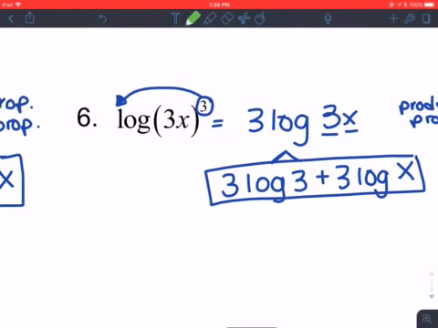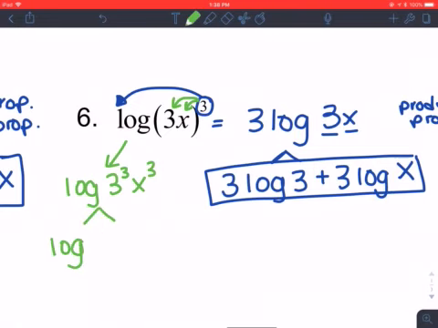And the other way I could have done this is I could have distributed this exponent inside the parentheses using our power property of exponents. So we would have had log of 3 cubed x cubed. And then we could use our product property to split this into 2 separate logs.